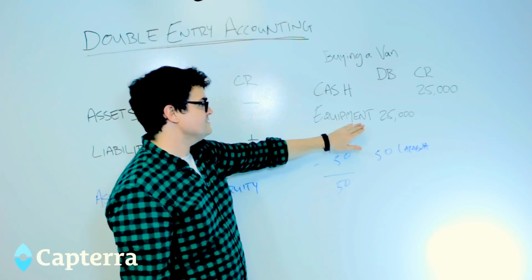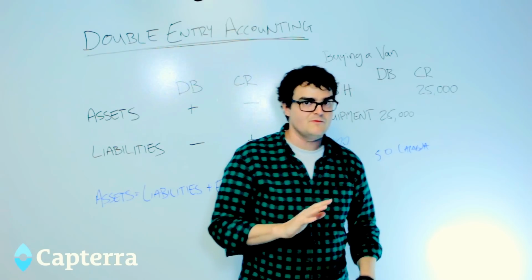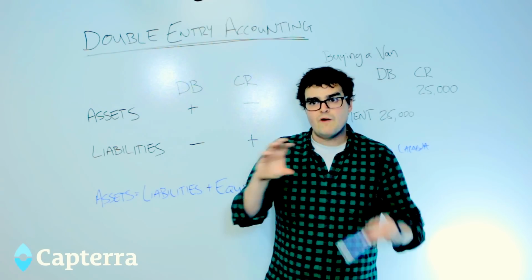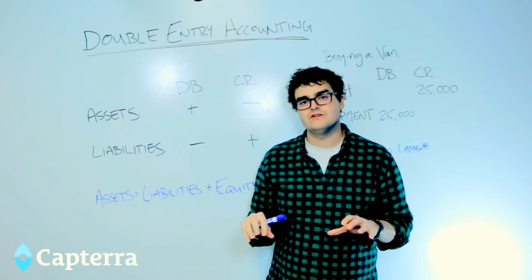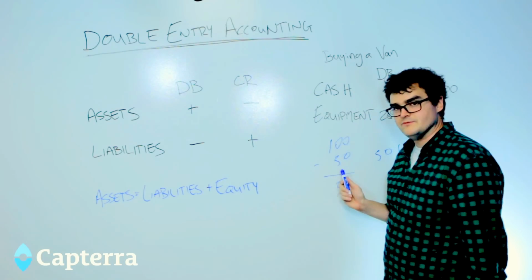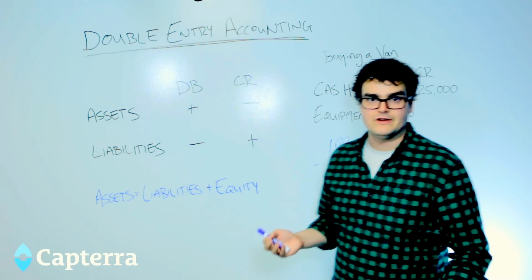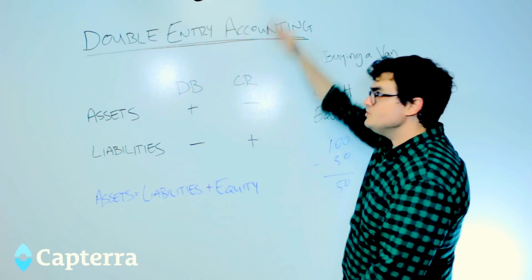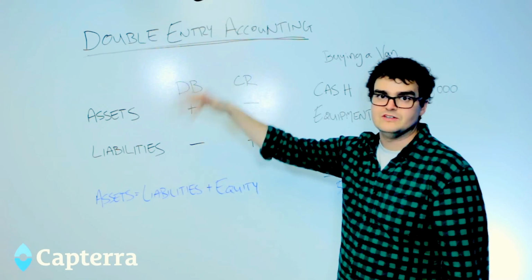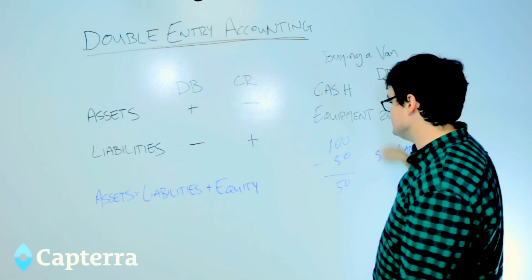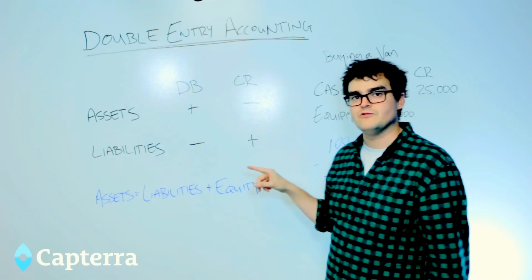You've taken $25,000 out of one account, and you've put $25,000 in another account. The beauty of this, and this is why you should care about double entry accounting at all, is that now you know where the money is and how it's moving through your business. Instead of this checkbook system, where you know that you spent $50 but you don't really know what it was on, or you have a huge list of just stuff that you bought with an associated entry, but you don't know what it's been transformed into, you don't know how it's moved around within your business.